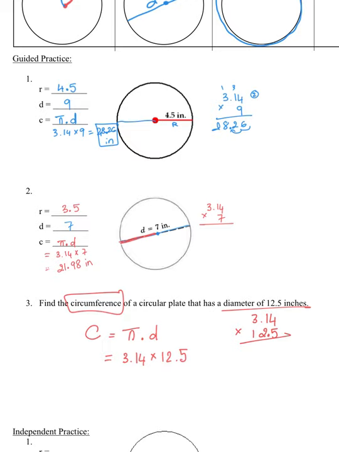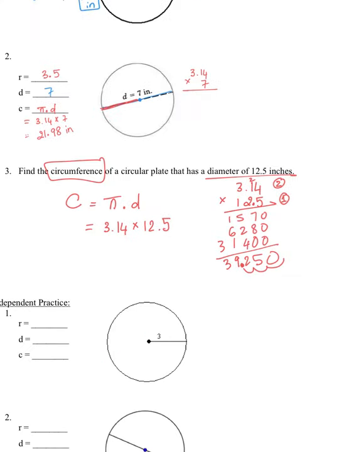Don't forget to move your decimal 2 places for one number and 1 place for the other, so your answer should have 3 decimal places. You got 39.25 inches.